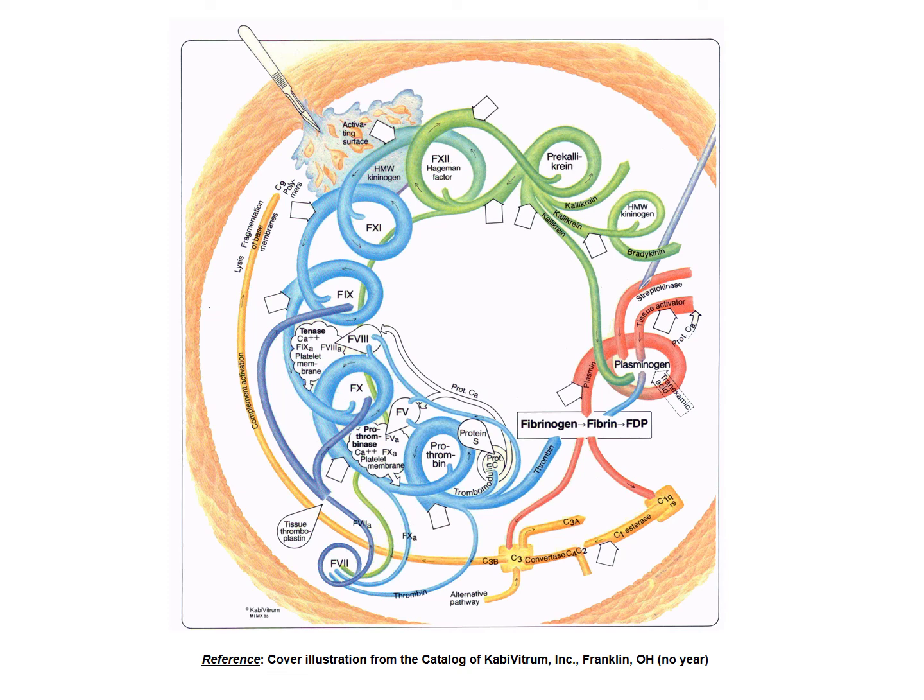And you can see the thrombin at the very end of the blue system of the plasma coagulation cascade affects, and is related to, the process of fibrinolysis.